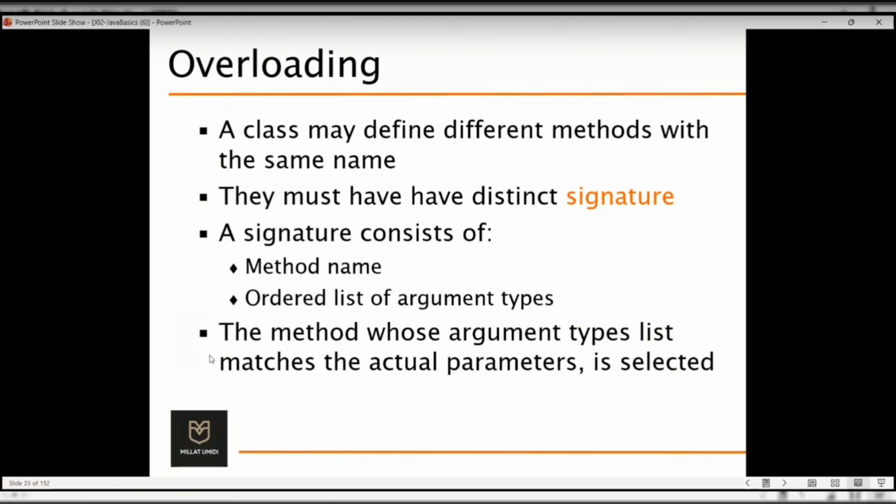Overloading. Before moving to the topic of overloading, let's talk about polymorphism, because overloading is just one part of polymorphism. Polymorphism is a principle of OOP. We have talked about OOP, object-oriented programming, and it has its 4 principles: polymorphism, encapsulation, abstraction, and inheritance. So polymorphism is one of them, and overloading is part of polymorphism.